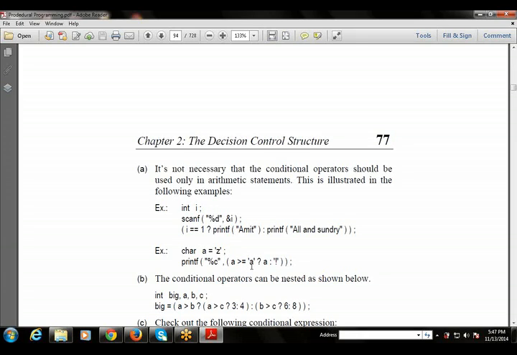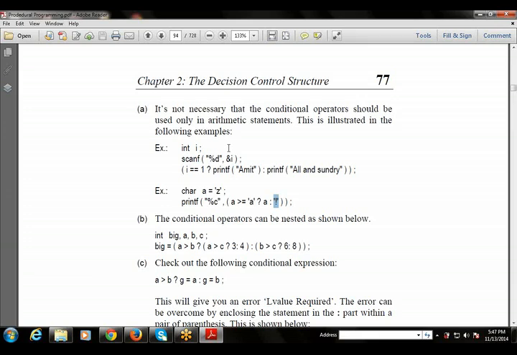So check the condition. If it is greater than or equal to a, it gives the output as a, otherwise it gives the output as an exclamation mark. This means the conditional operator is also used within printf.